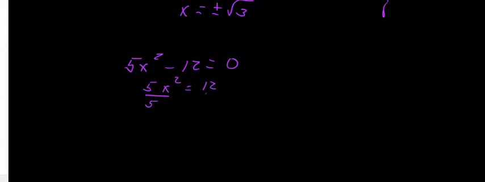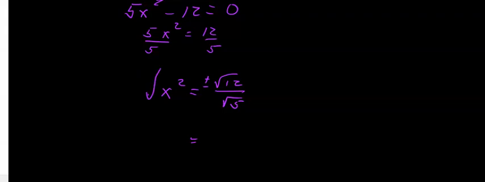Let's look at another one. We'll look at two more. 5x squared minus 12 equals 0. I add 12, 5x squared equals 12, and I divide by 5. X squared equals 12 over 5.